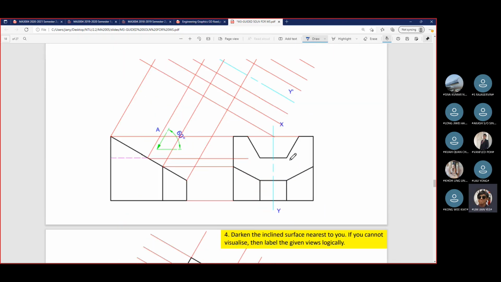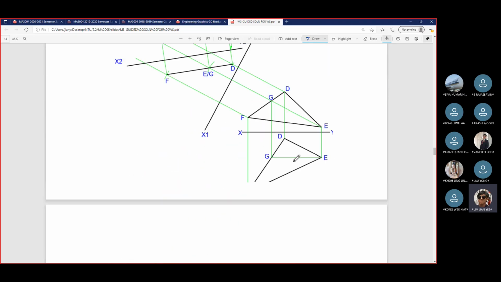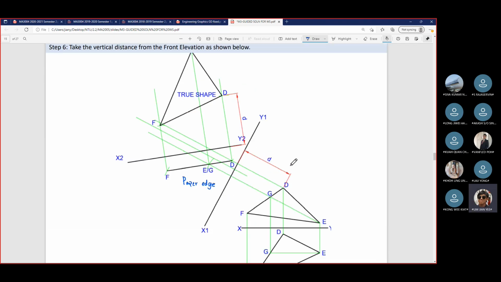To be honest, the best way to learn graphics is you draw. If you get stuck, just try your best. Draw until you feel it's correct, then show me, then I'll correct you. That's the easiest way to learn graphics.